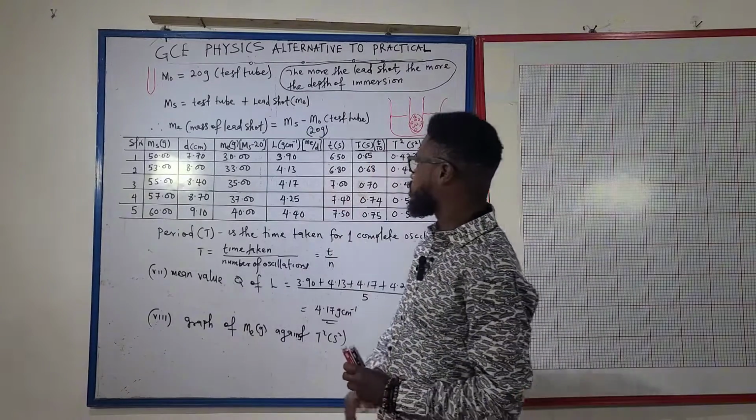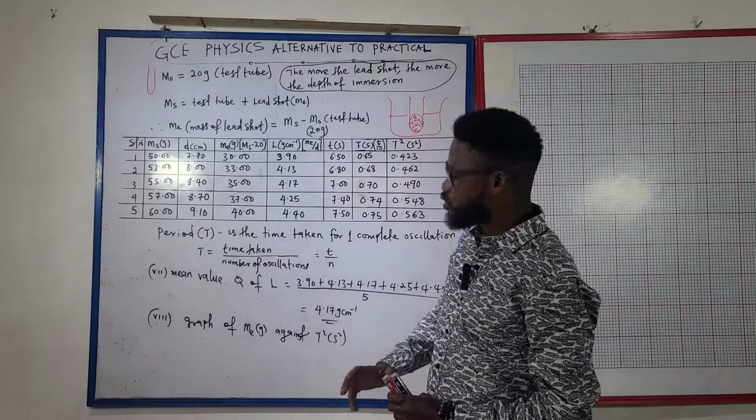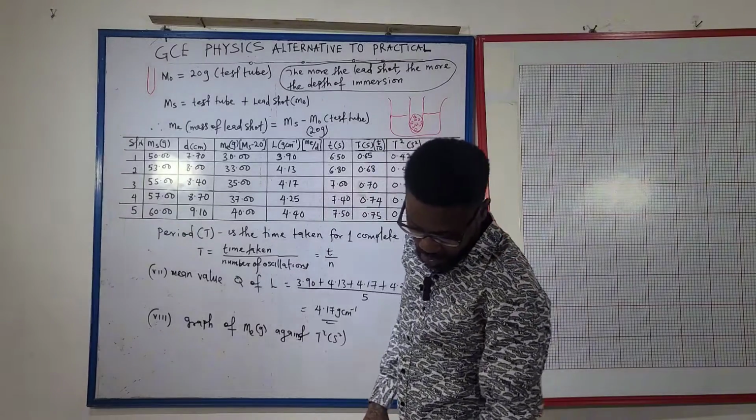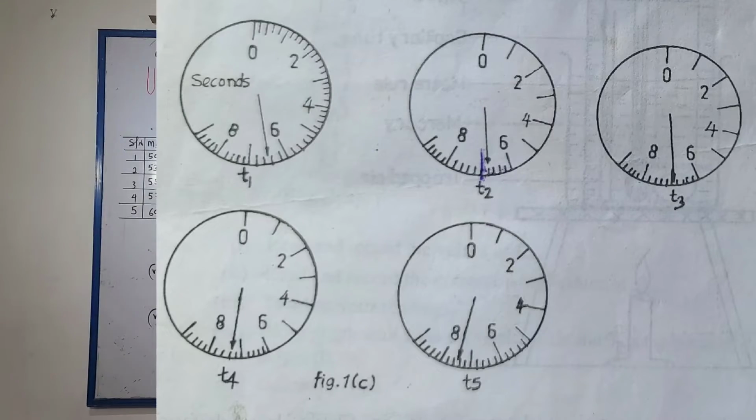That is 10 complete oscillation. And the timing it took, we were told to record that for 10 complete oscillation, as you can see on figure 1c. Of course, the first one we have 6.5 for the first reading.